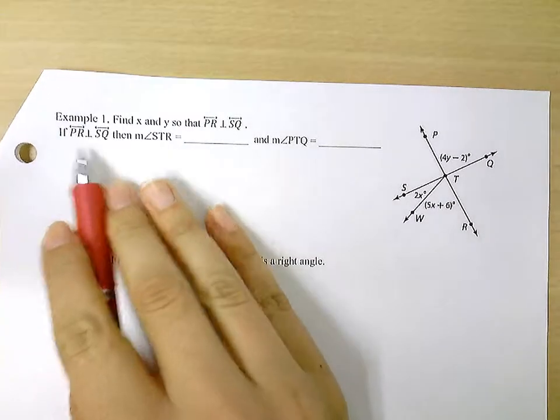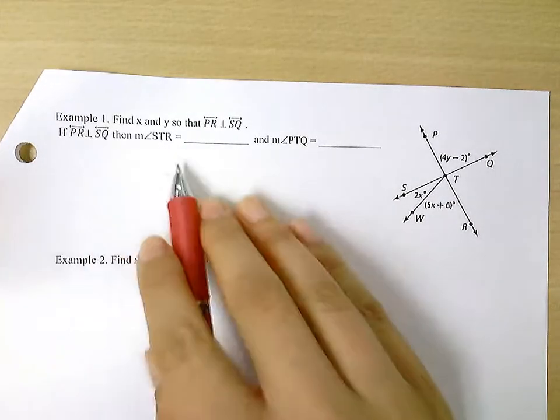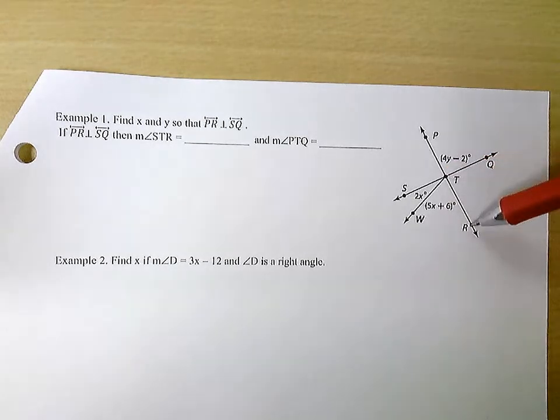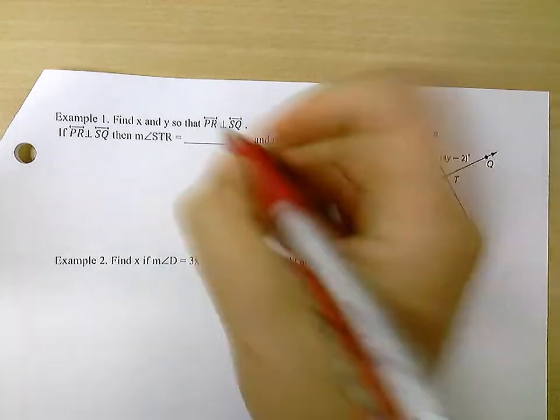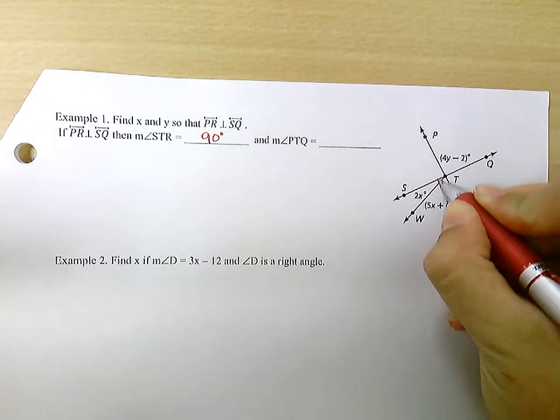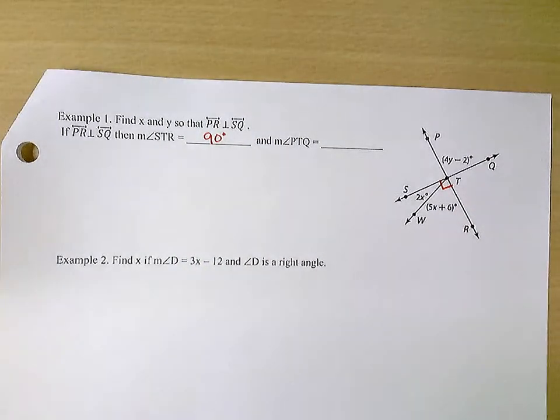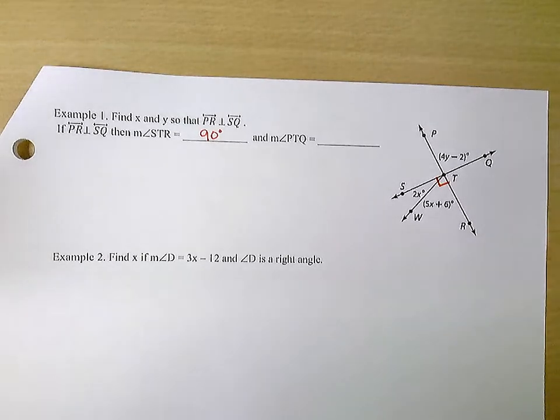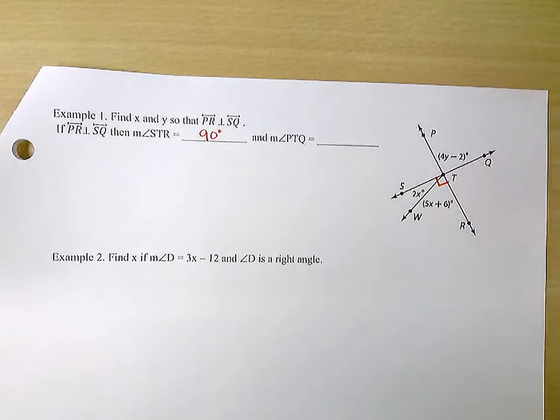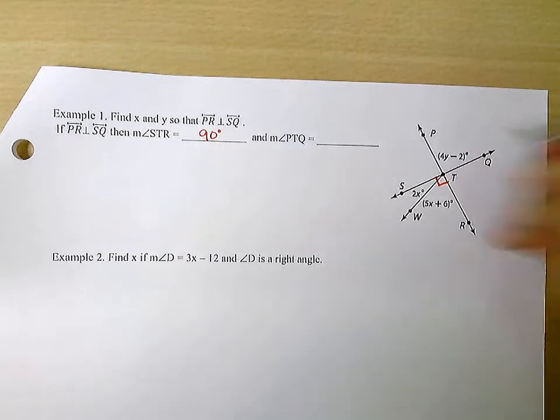If those two lines are perpendicular, then the measure of angle STR has to equal what? 90. And I'm going to write that box in my picture. So I know I want them to equal 90 degrees. And then angle PTQ would also have to be what? 90.